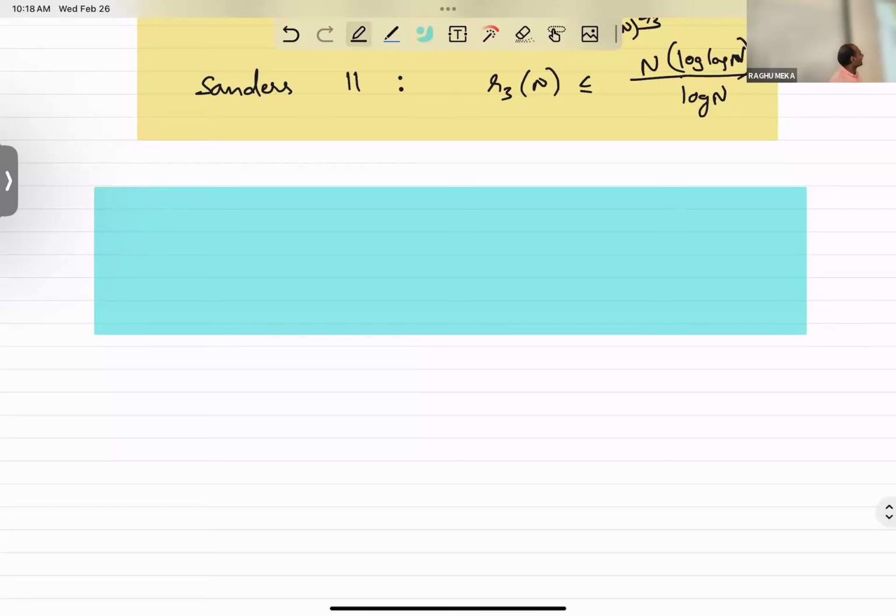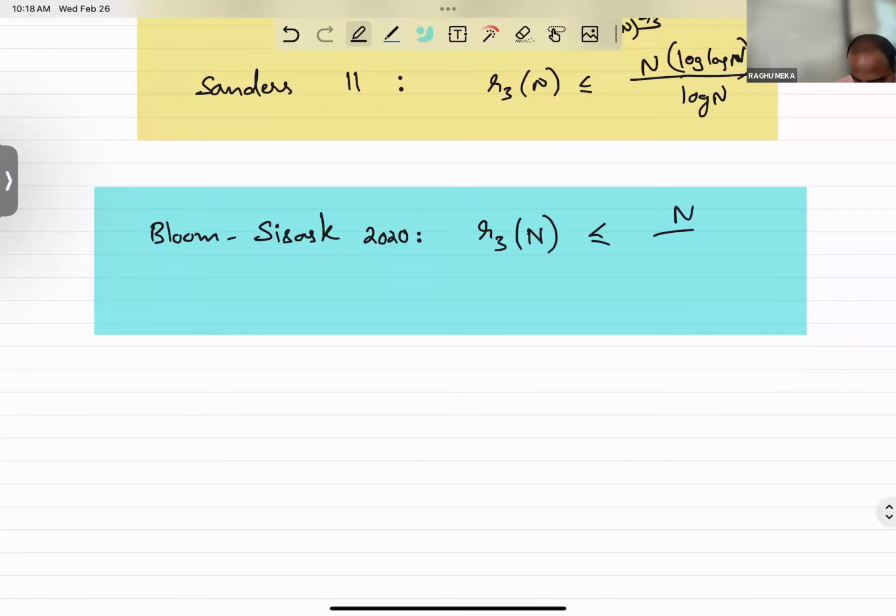Then Bloom and Sisask in 2020 showed that, in fact, even sublogarithmic sets must contain this pattern. So C is like 0.01 maybe.